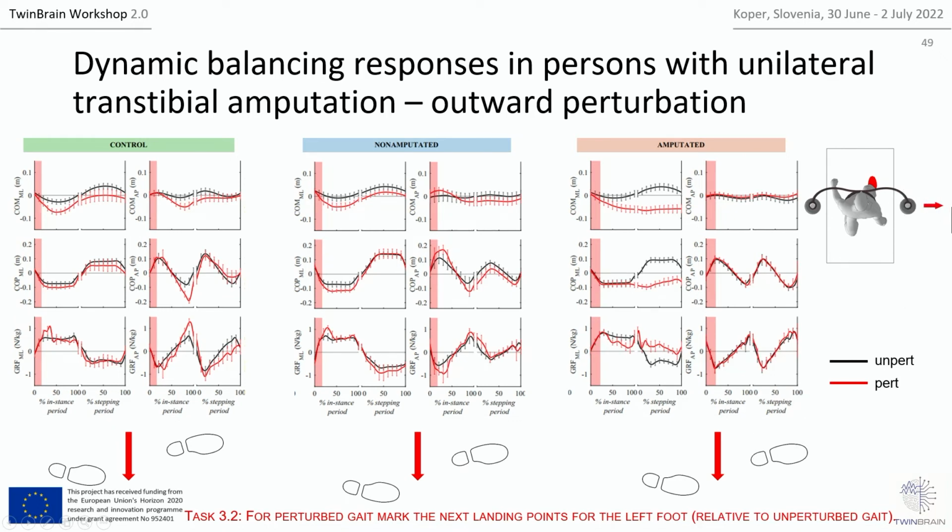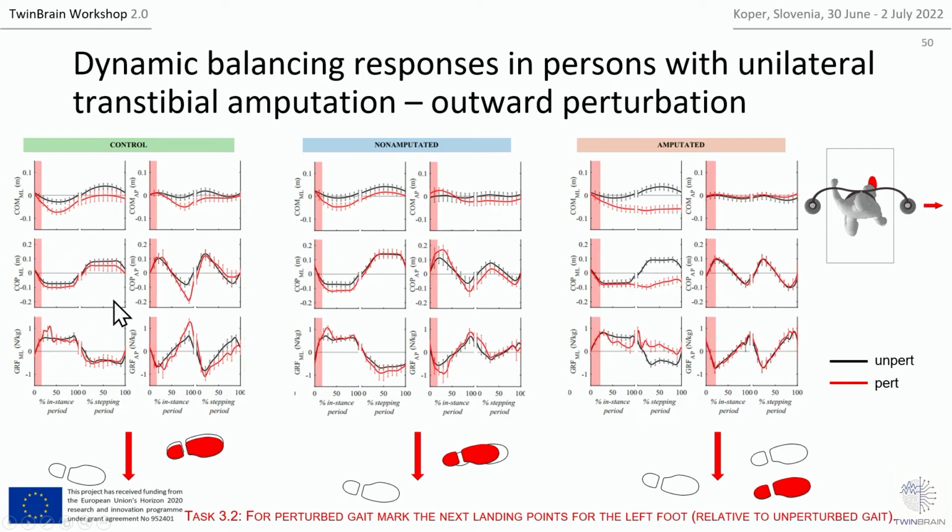Now the perturbation direction is lateral, in the right direction if the foot strike is on the right side. Again, we have the footprints of the unperturbed walking, the direction of perturbation is on this side, and let's try to identify the new footprints. Where would these footprints be displaced if they are perturbed in this direction?